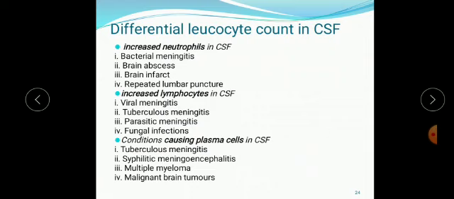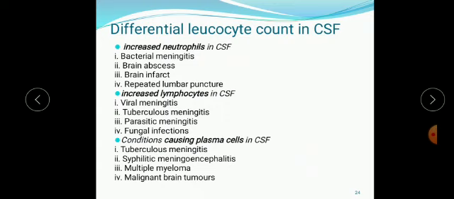Various differential leukocyte counts are helpful in the diagnosis of various conditions affecting the CSF, like increased neutrophils in CSF. The conditions responsible are bacterial meningitis, brain abscess, brain infarct, and repeated lumbar puncture.